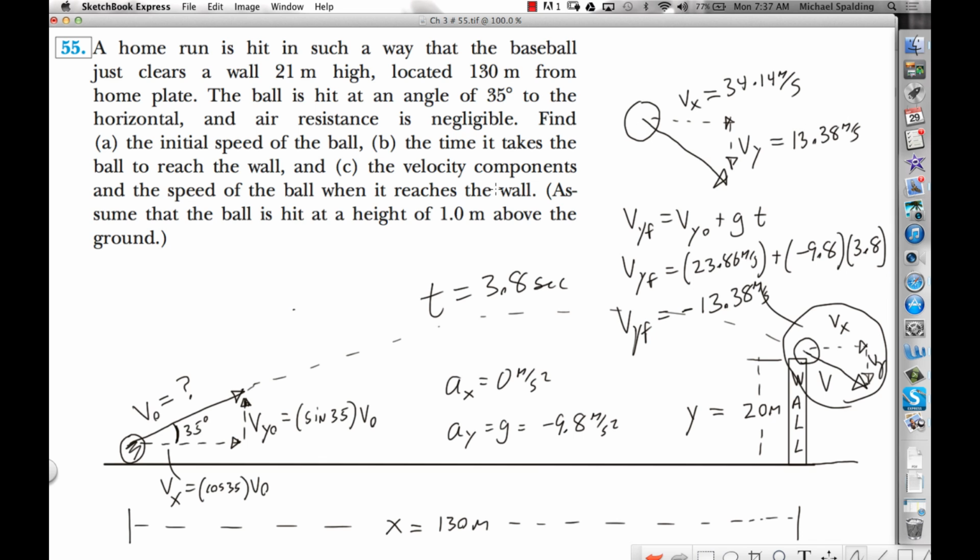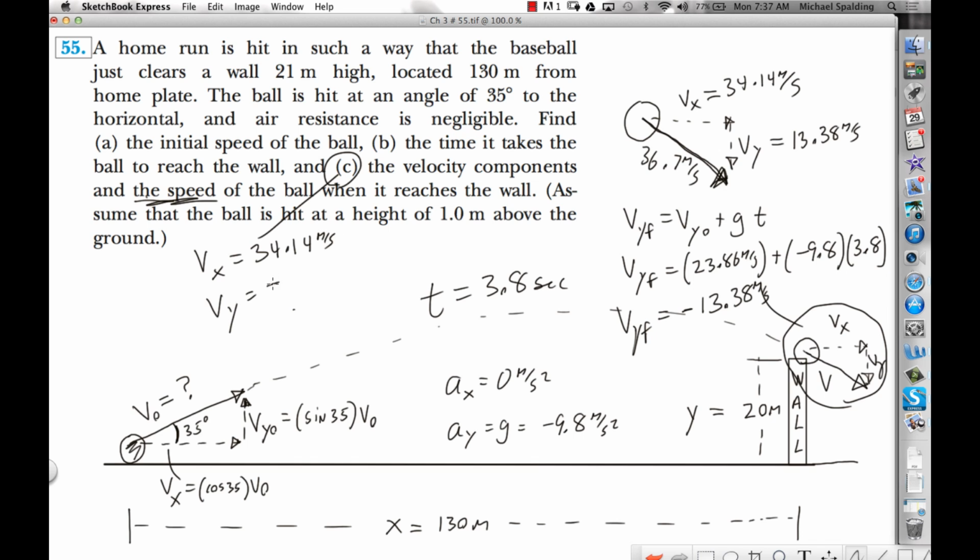And then to find the total speed, right here it says the speed of the ball, that's this right here. So how do you do that? Pythagorean theorem. It comes out as 36.7 meters per second. So the answer to part C, here's what they're looking for. X component, 34.14.